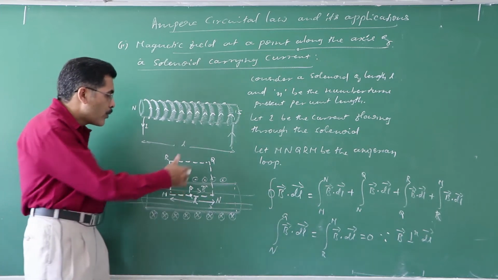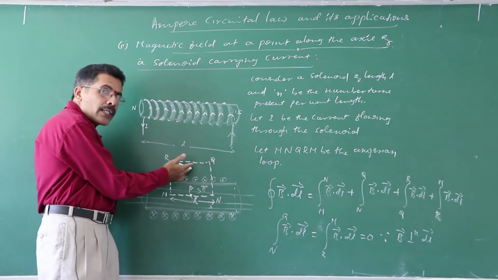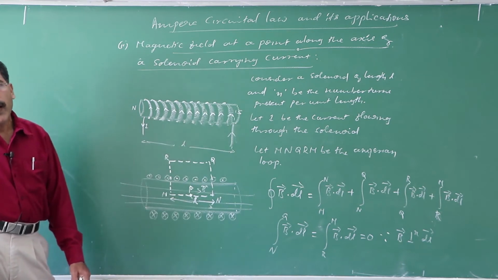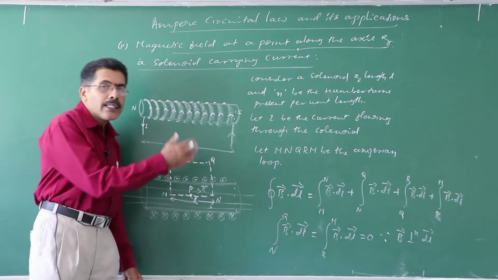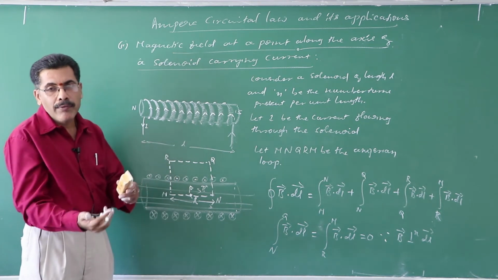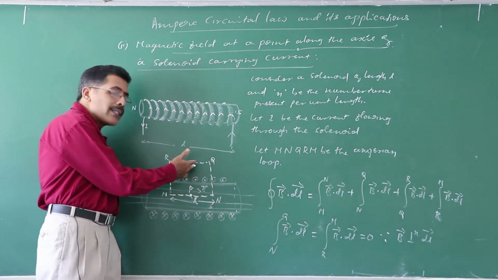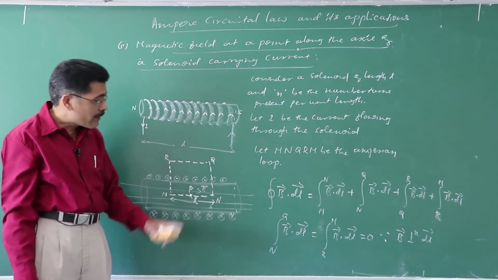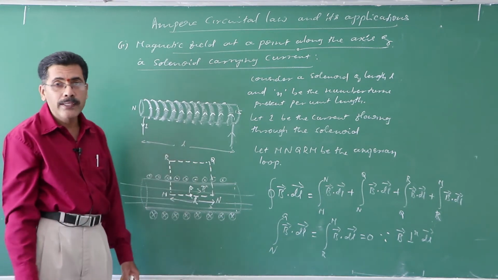Now QR is external to this solenoid. Here the magnetic field due to current entering and current leaving are in opposite directions and get cancelled. Therefore, there is no magnetic field outside this solenoid.